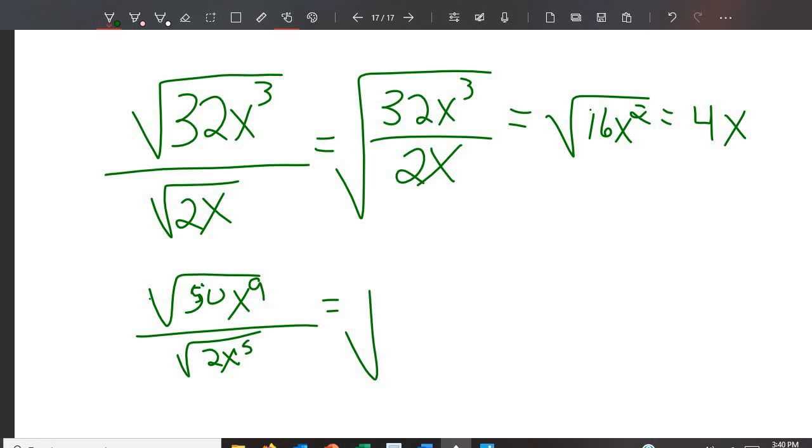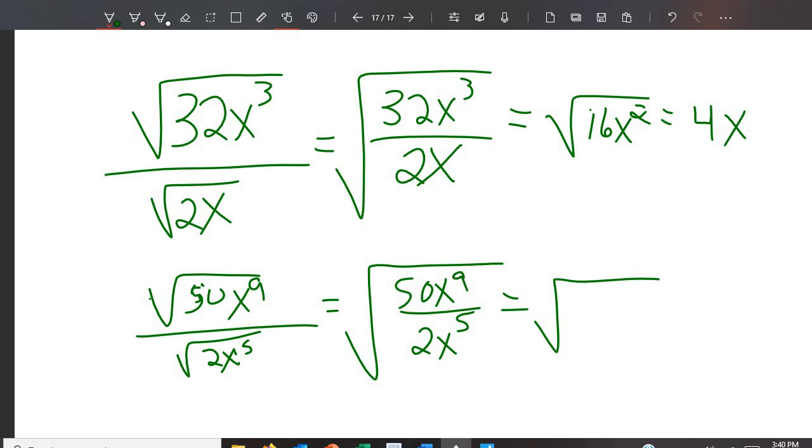So again, take what's in the numerator, take what's in the denominator, and put it under one big radical symbol. Simplify: 25x to the 4th. Then we can take the square root of the 25 and the square root of x to the 4th. So you've got a bunch of stuff you can do.